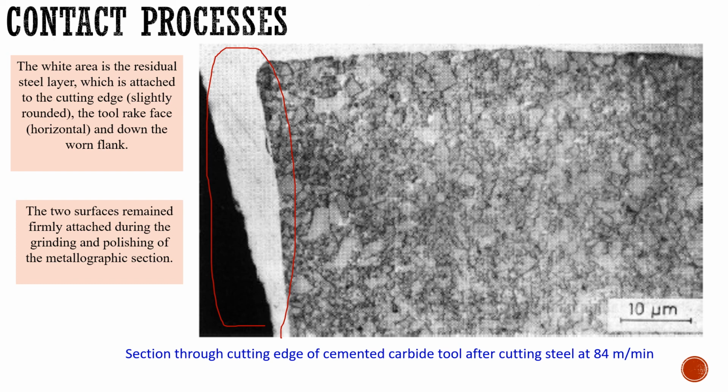The two surfaces remained firmly attached during the grinding and polishing of the metallographic sections. Any gap larger than 0.1 micrometer would be visible at the magnification of this photomicrograph, but no such gap can be seen. It is unlikely that a gap exists, since none of the lubricant used in polishing oozed out afterwards.